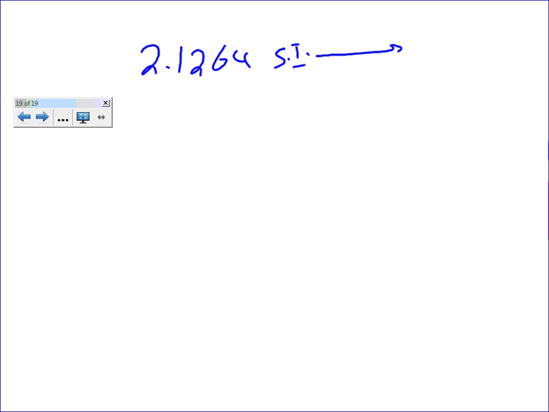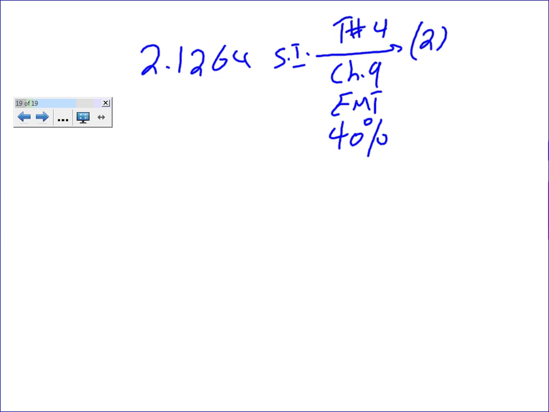Take this one to table number 4, chapter 9, under EMT, and also with how much fill? 40%. What size did you guys come up with? 2.5. How many? 2 conduits. Why 2? Because we're paralleling 2 conduits. 2.5 EMT. There's your answer: 2 conduits, 2.5 EMT.